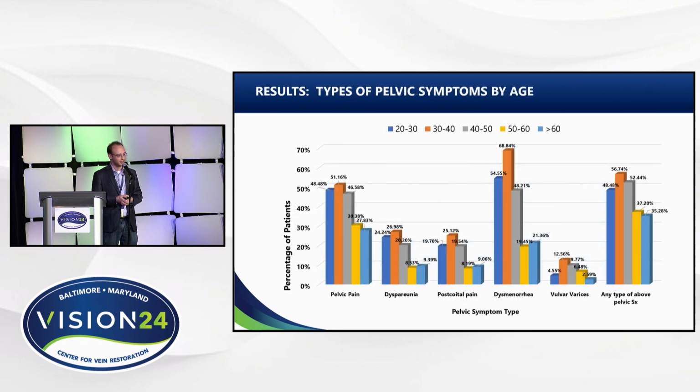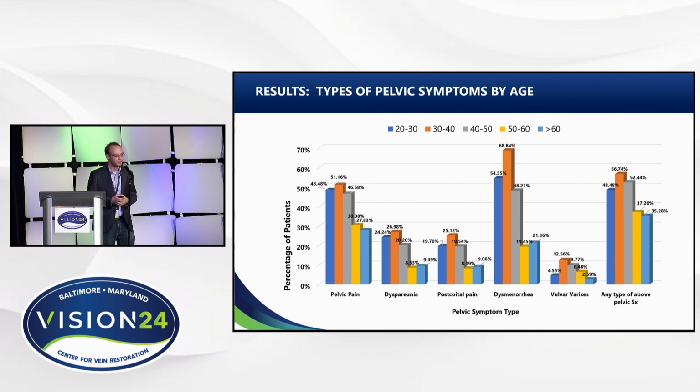So this chart shows the types of pelvic symptoms by age. The different colored bars represent each decile of age, and the groups of bars show each type of pelvic symptom. We have pelvic pain at rest, dyspareunia, postcoital pain, dysmenorrhea, vulvar varicosities, and the group of bars on the far right are the combination of all the other bars, so just any type of pelvic symptom.